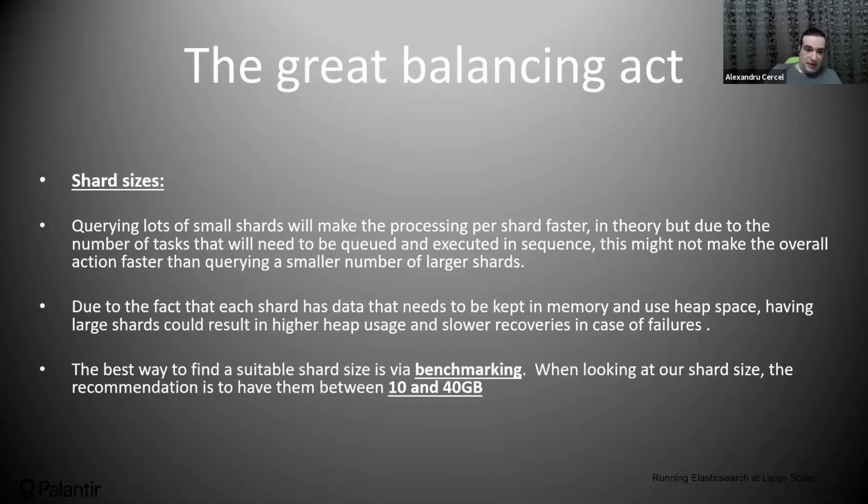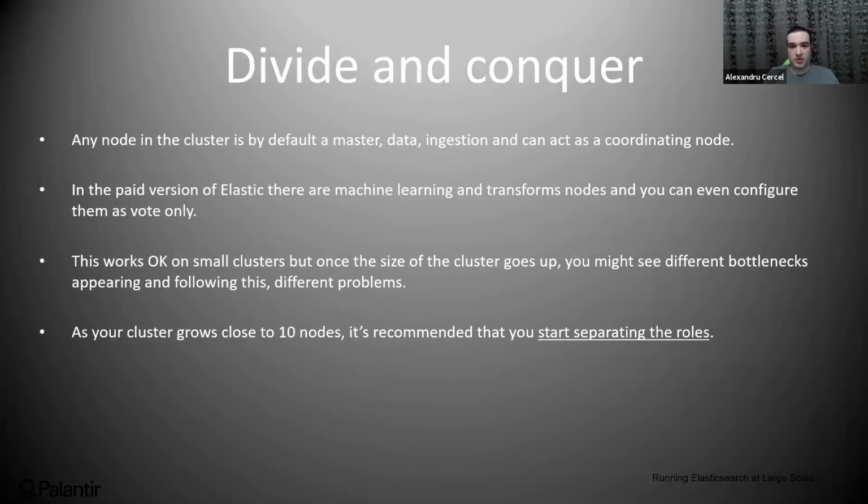On the opposite side, if you have huge shards, because the shards will need to store some things in the heap space, you're going to end up with higher heap usage, and it's going to take way longer to go through everything needed in order to recover a shard. So the recoveries are also going to be slower. The best way is benchmarking. But we've seen a value between 10 and 40 gig as the optimal range for a shard.